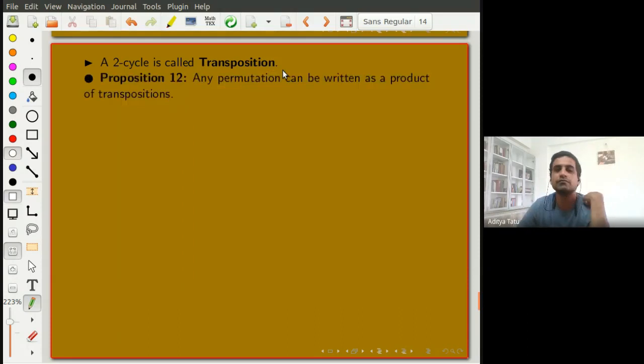So now what we are going to prove is not only that any permutation can be written as a product of disjoint cycles, but that any permutation can be written as a product of only transpositions.